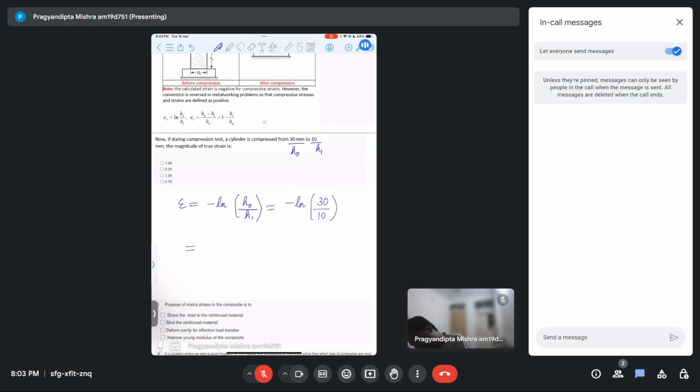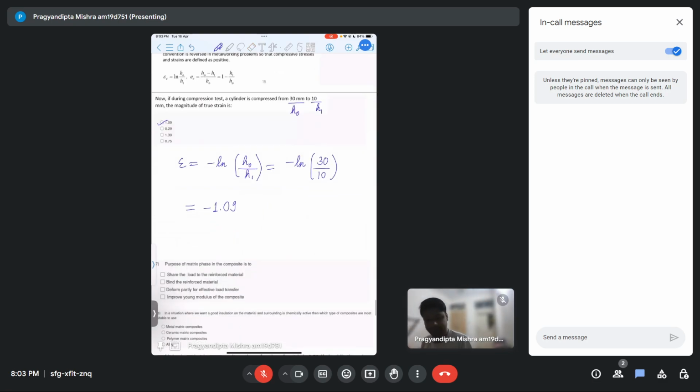So 1.09 is what I'm getting, negative 1.09. But we can ignore the negative sign as the question states. So this is the correct option.